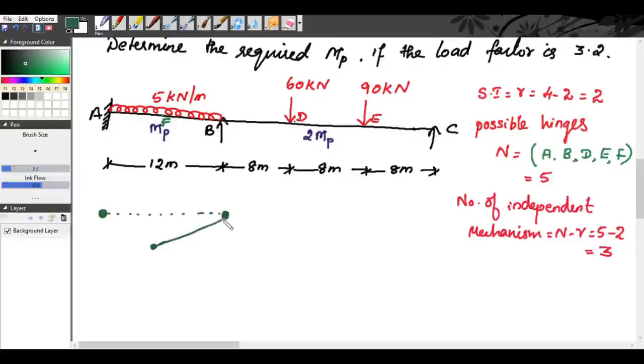So your beam will be like this. See, your span AB will form like this. A, this F comes here and B. Okay, so this is mechanism 1.